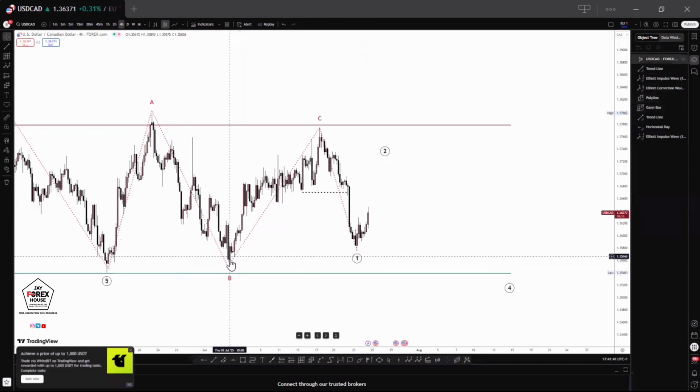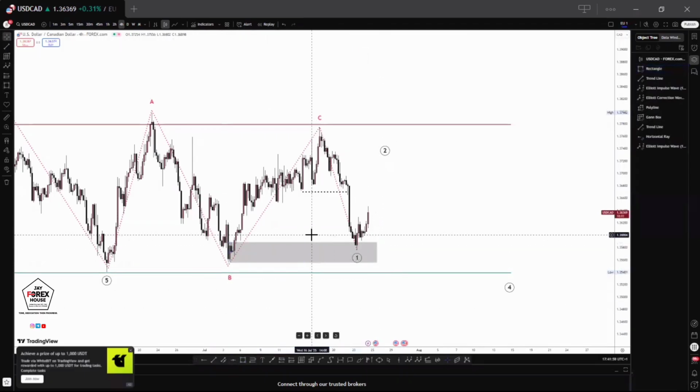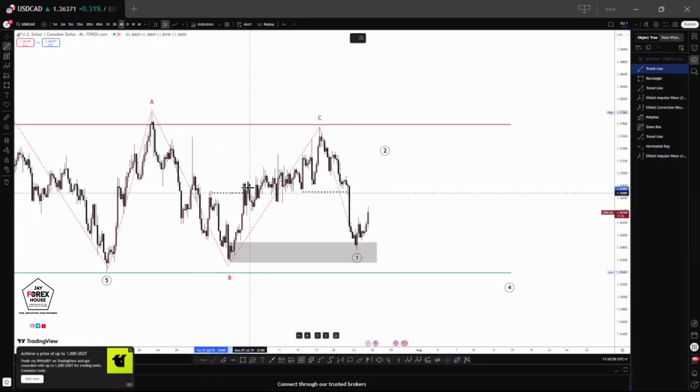The change of character that happened here. But since that did not happen, and then we have another change of character here, this could also be a potential area of interest to ride price to the upside, right? And this could be the change of character. So this is like using smart money concept to see both perspectives, both angles.